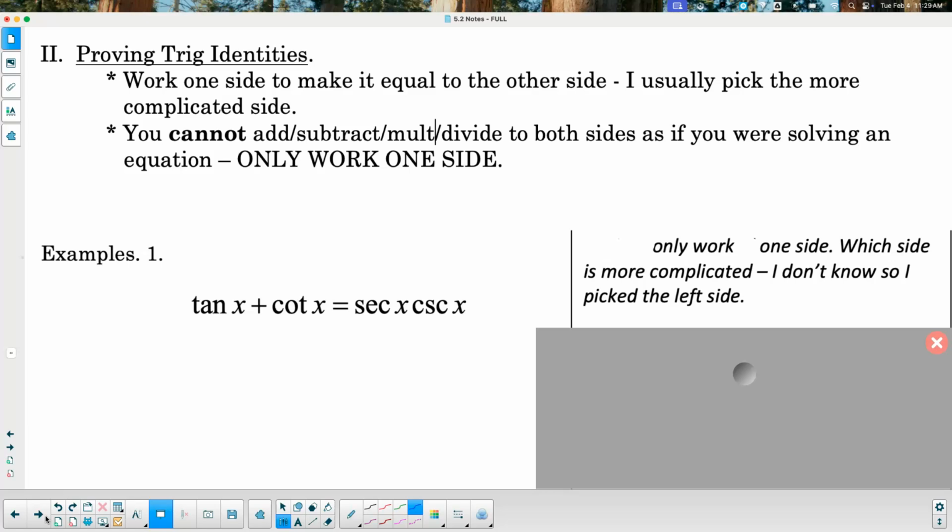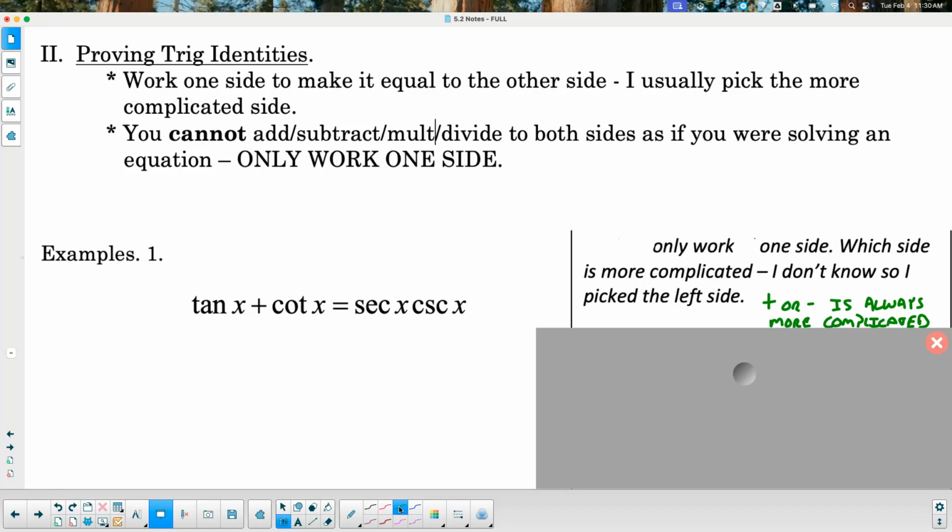Right side? I will tell you, just as a little hint, adding or subtracting is always more complicated, so I'm going to go left on this one. What do you think we can do with tangent plus cotangent?